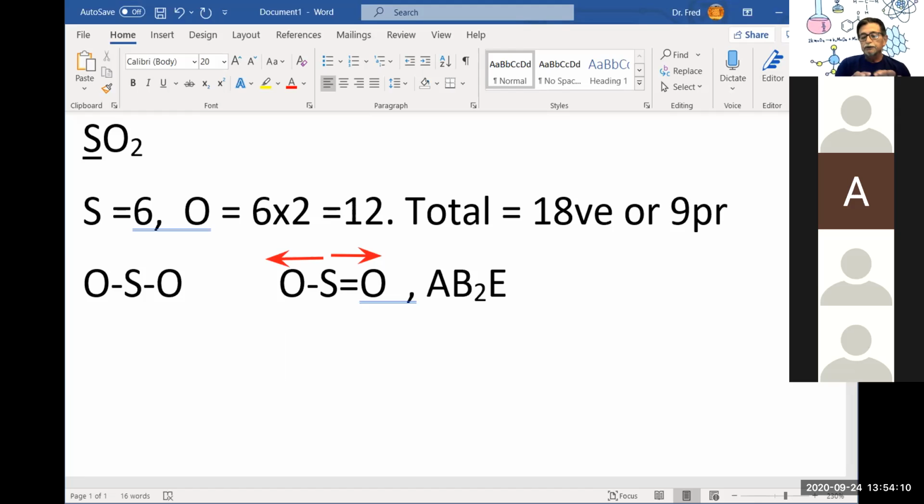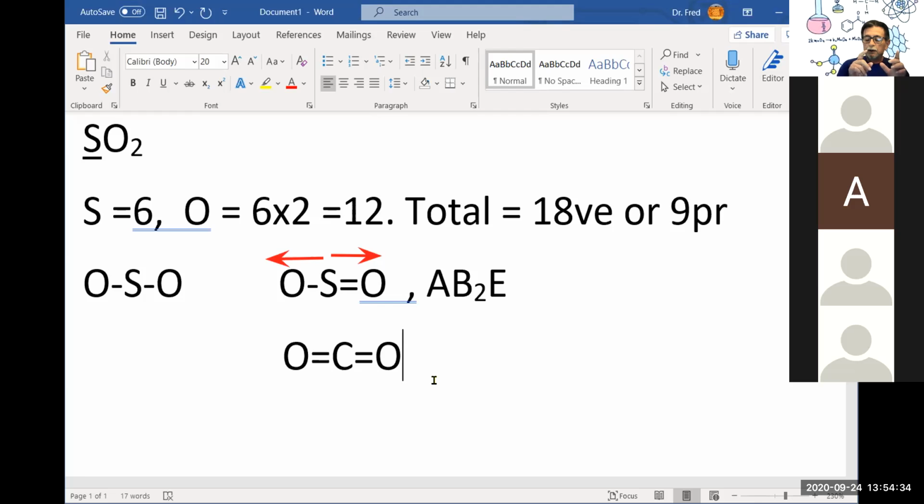We already looked at sulfur dioxide and realized it's bent, okay? And so if we do the same exercise for carbon dioxide, which you saw the structure of earlier, we get 2 double bonds, okay?